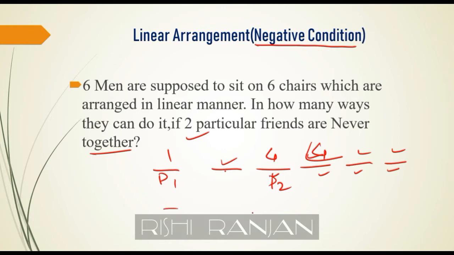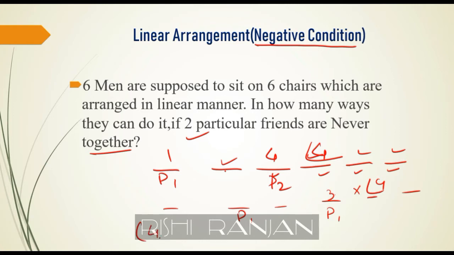Now second time, now P2 is here. In that condition, P1 has only 1, 2, 3 options. So now P1 has 3 options and others are free to go anywhere, so they can shuffle among themselves. So it becomes 3 into factorial 4 and so on.